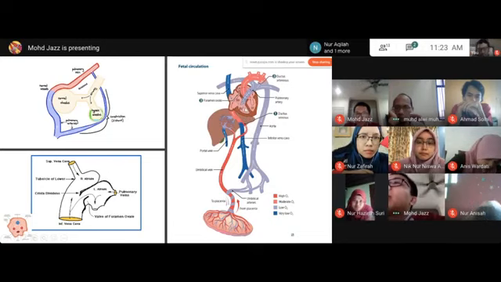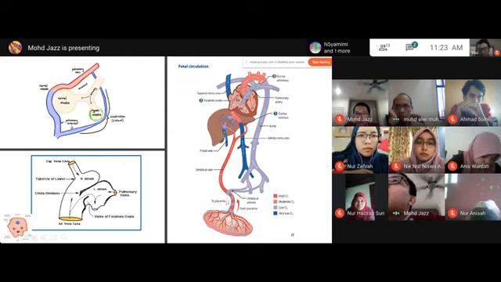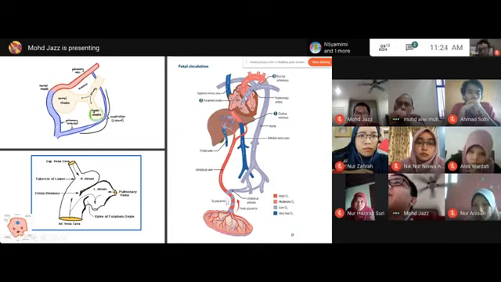So we will follow the pathway from the right ventricle. From the right ventricle, it will pump, as mentioned previously, and then it will go through the pulmonary artery.